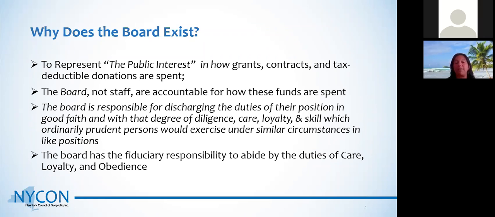So it's important to remember that the board is accountable for them, not staff, although you may delegate to staff certain responsibilities. Many organizations, particularly historical societies, don't even have staff. So board members are doing both governance work and operational work. And we're going to talk a little bit about that and about how to address some of those challenges as well.